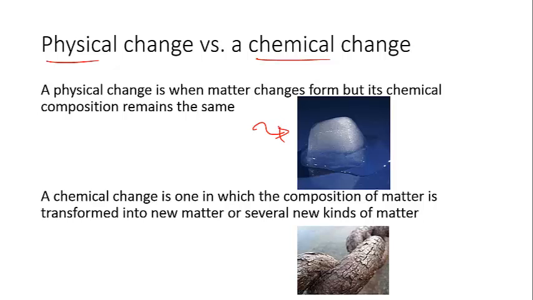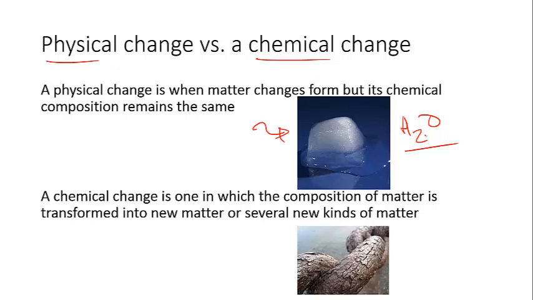When you leave an ice cube on your kitchen counter, it begins to melt. It changes from its solid form into its liquid form, but its chemical composition is still going to be the same. It's still going to be H2O or water.